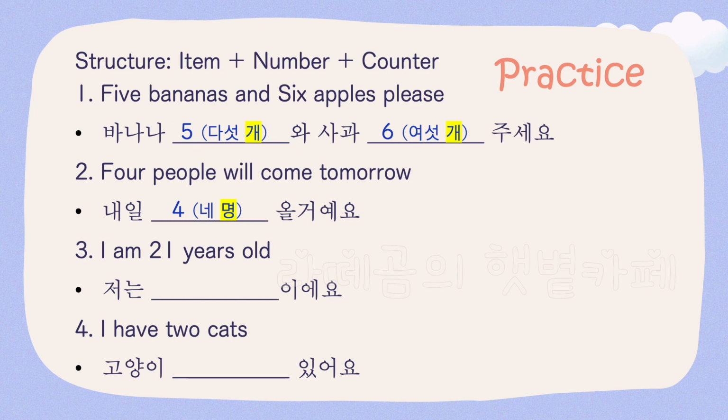Number 3, I am 21 years old. 저는 21살이에요. And number 4, I have 2 cats. 고양이 2마리 있어요.